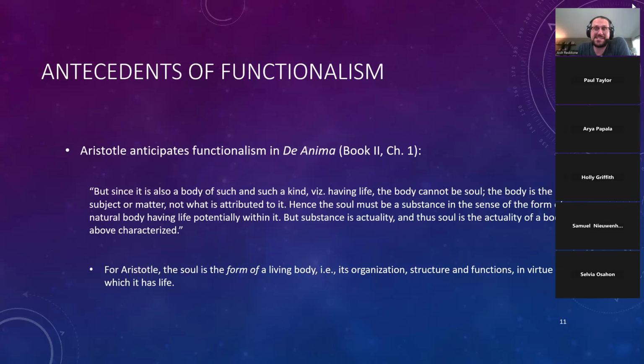Now that's pretty dense. But what Aristotle is saying is that the soul, and remember the part of the soul that is the mind for somebody like Aristotle is your rational soul, which is part of the soul. To have a soul, the soul is just the form of an organized body, a living body.